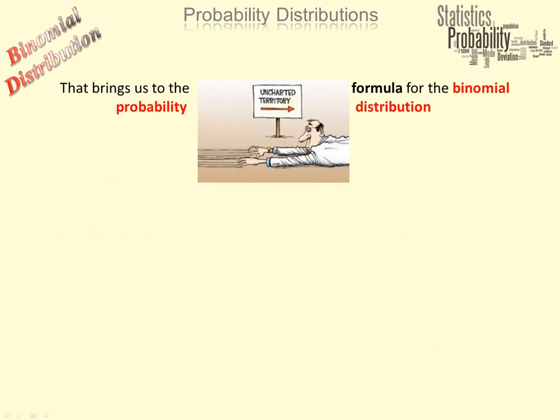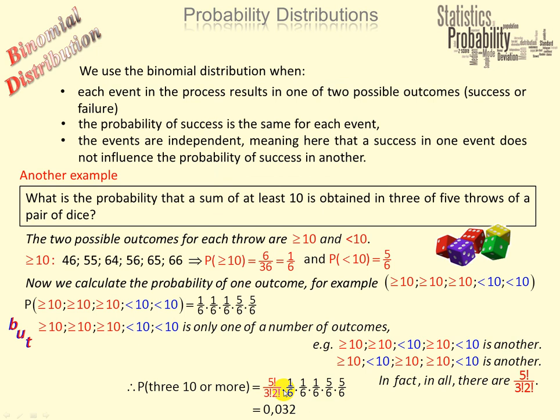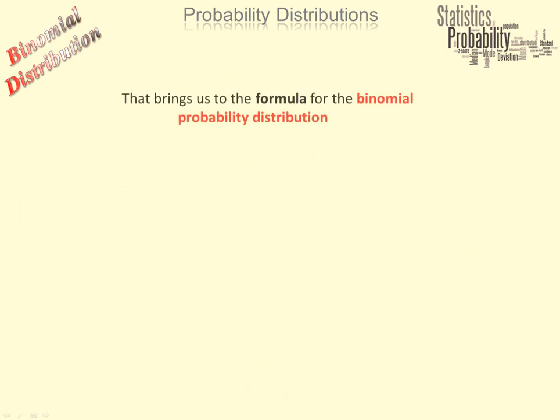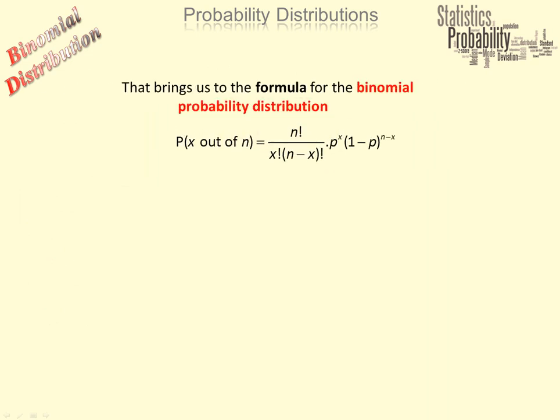So we have a formula for the binomial probability distribution. And it comes from here. Total number of outcomes times the probability of one of the outcomes. There we are.